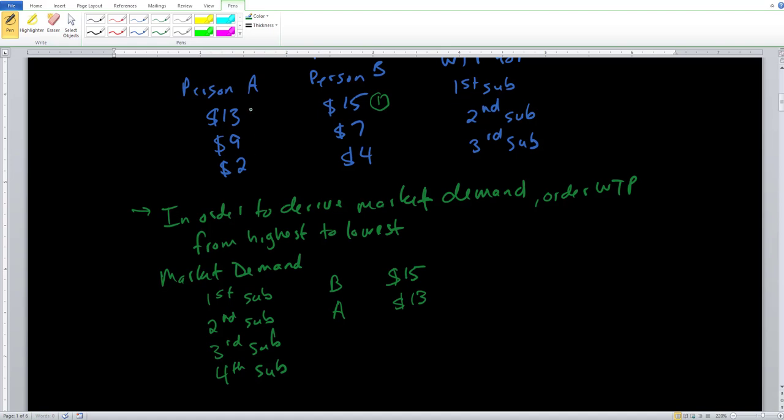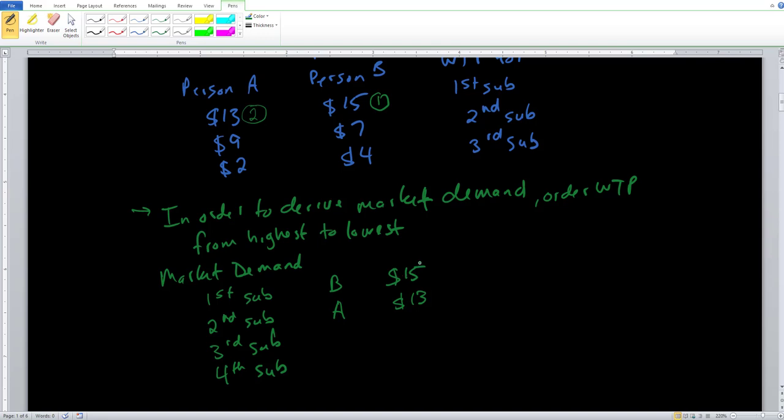So if we want to order willingness to pay to derive our demand curve, you need to go from the highest number to the next highest number. You don't want to go straight across and choose the highest number in each row, because that will quickly lead you down the incorrect path. So with two subs in the market, person A would get the second sub, but it's only person A's first sub that he's actually consuming.